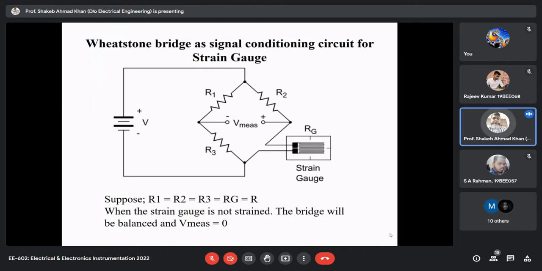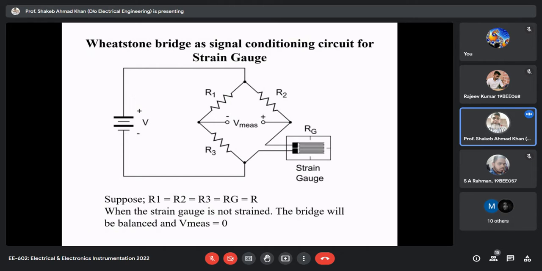Now I'll discuss strain signal conditioning. I would speak a little bit on signal conditioning as far as instrumentation systems are concerned. As I told you earlier, an instrumentation system is basically a sensor-based measurement system, and it is a multi-stage system.